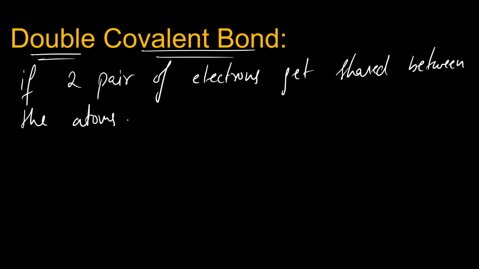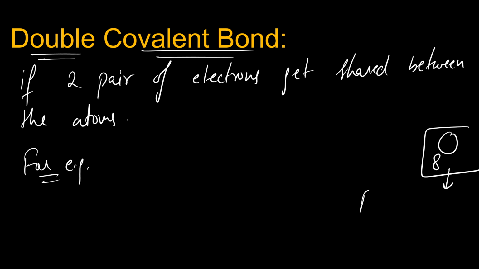Let's see oxygen. As we know, oxygen has atomic number 8, while here its bond capacity is 2. It means it can share 2 electrons to complete its octet.